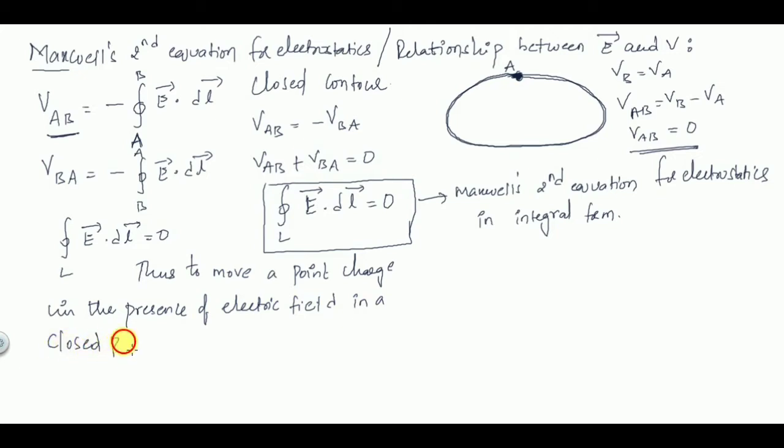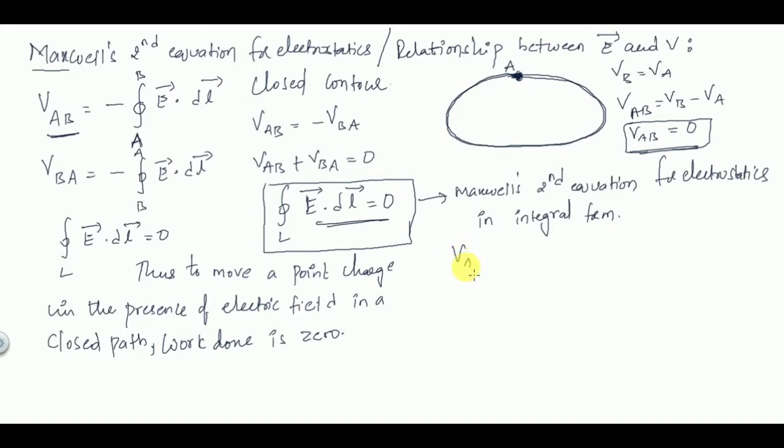If you don't have a closed path, you will get some potential value, but when the closed path is there, the potential value is always equal to 0. When potential is equal to 0, the E bar dot dl bar is equal to 0 in a closed path. Right, so thus to move a point charge in the presence of electric field in a closed path, work done is 0. Okay, so when VAB is equal to 0, what is work done? So work done is equal to VAB by Q, or VAB, sorry, reverse, no.